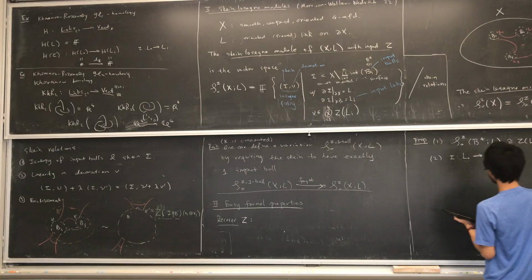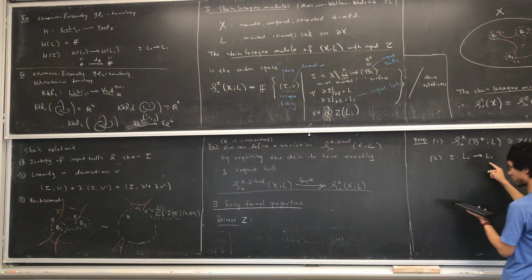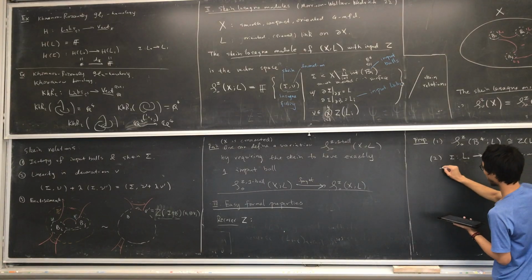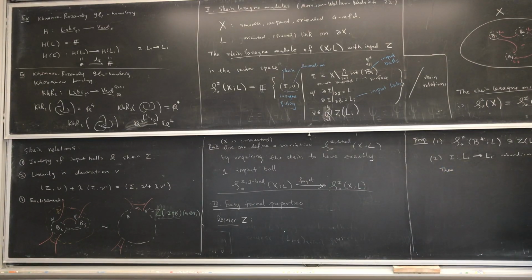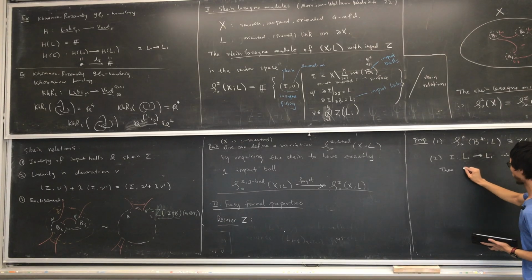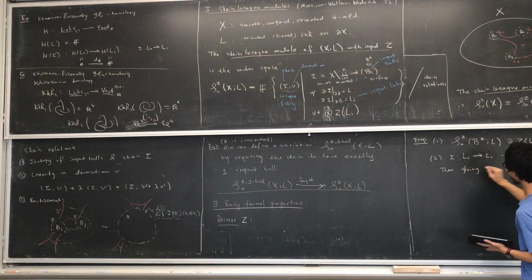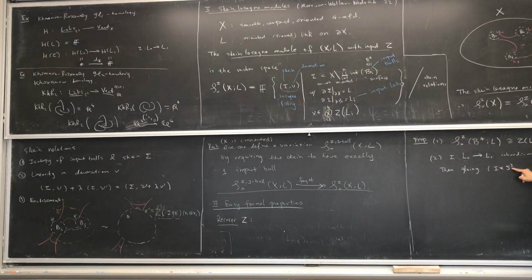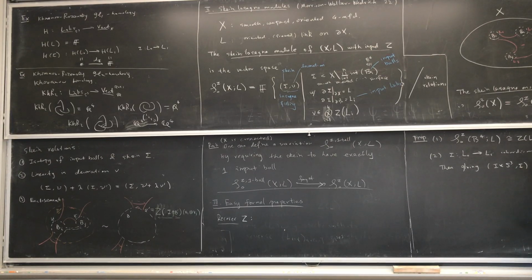So let's say we have a link cobordism sigma from L0 to L1. Then I get a map. More precisely, I can glue a collar neighborhood of my 3-sphere boundary together with my cobordism inside, to the four-ball with L0.